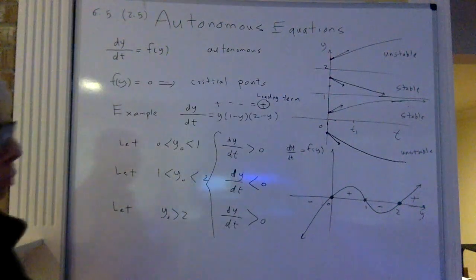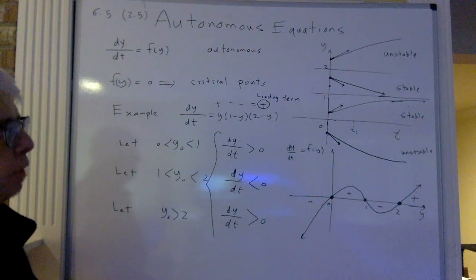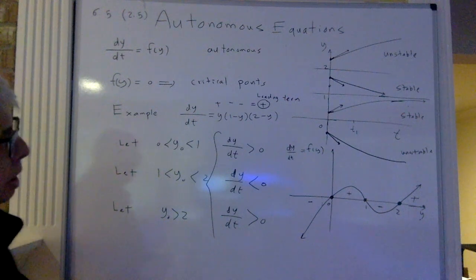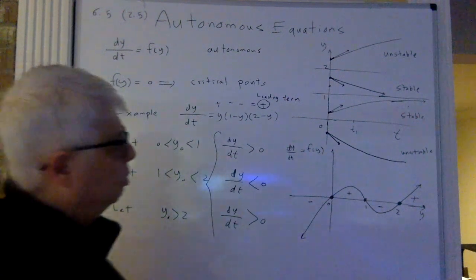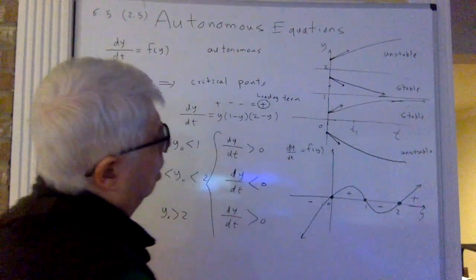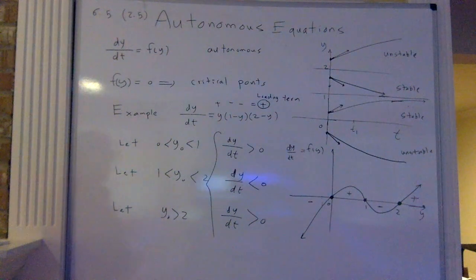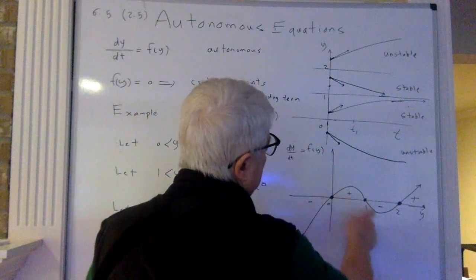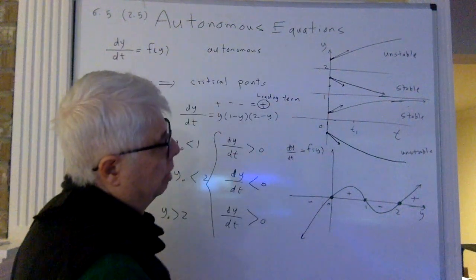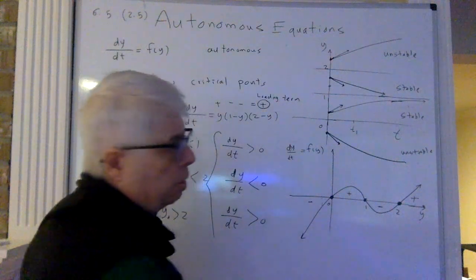But when looking at this, you see the critical points in fact give us the asymptotes. You can see this one is an asymptote. The other ones are not, but can be an asymptote, like y equals 1 is an asymptote. And so if it goes from positive to negative, this one is stable, right?